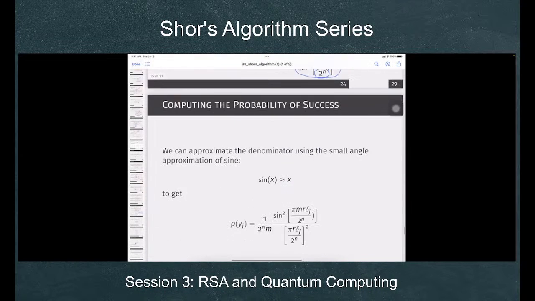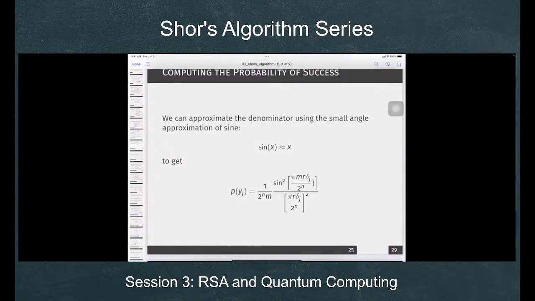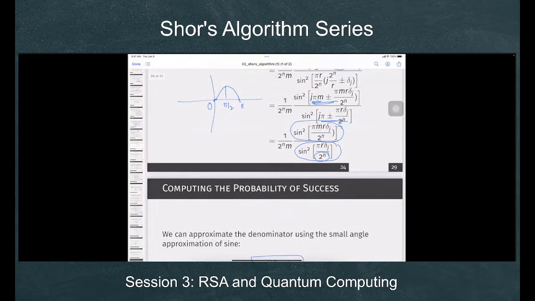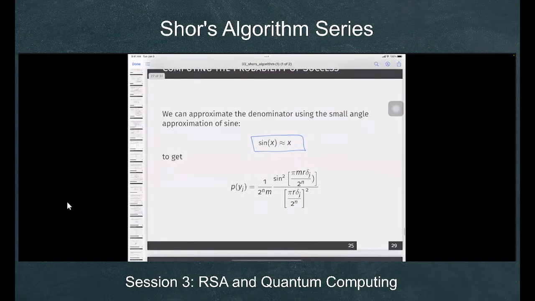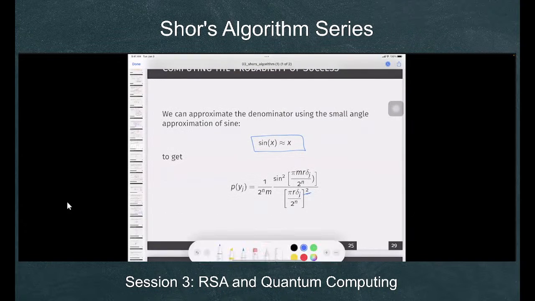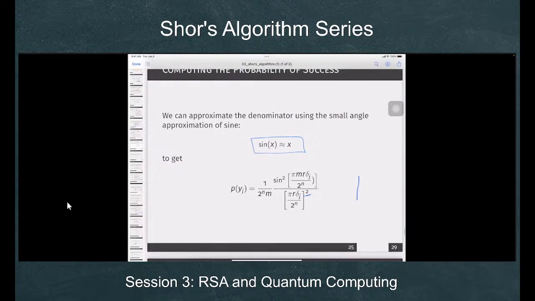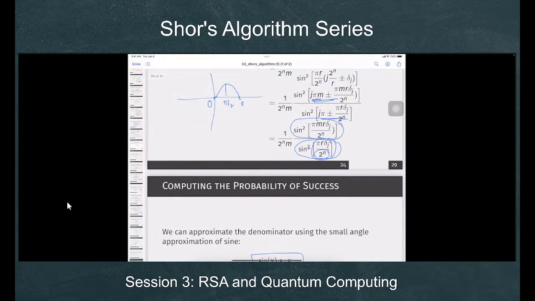So the denominator is just equal to whatever is in there. This sine squared of pi r delta j over 2 to the n can be approximated by pi r delta j over 2 to the n, squared, because this one here is squared.